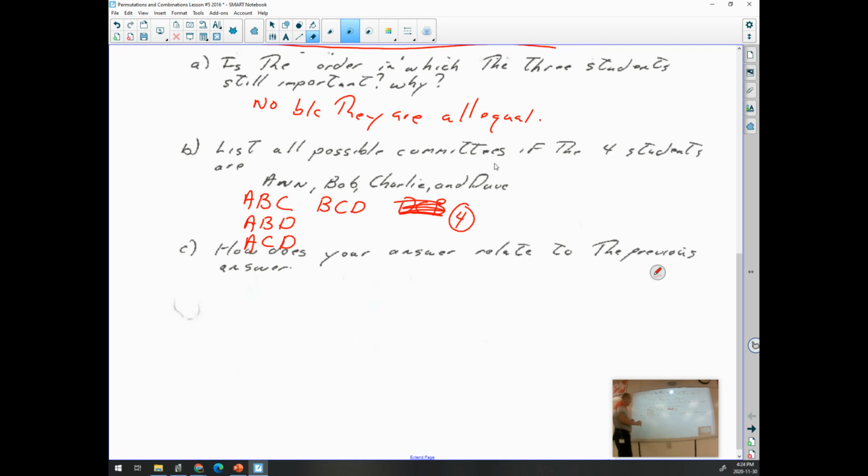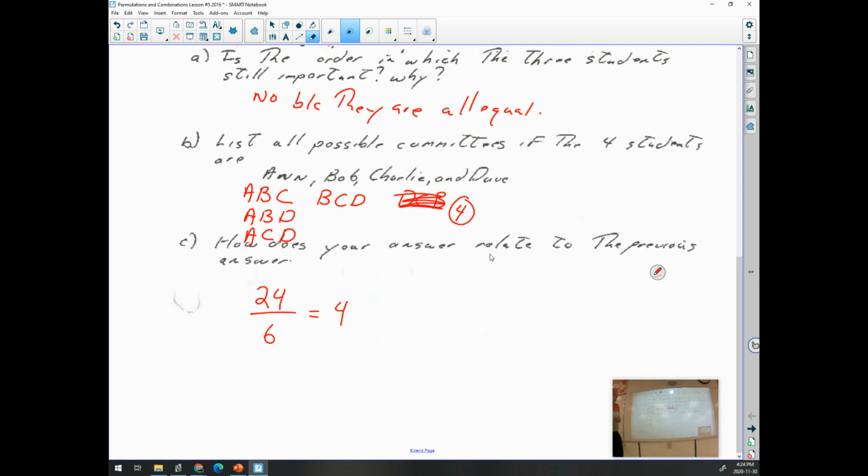Now, how do we get from 24 to 4? Well, we divide that by 6. We can figure out the 24 to 4 by going 4 pick 3, divided by 6, and 6 can be written as 3 factorial. Now, this is going to lead us to the formula.